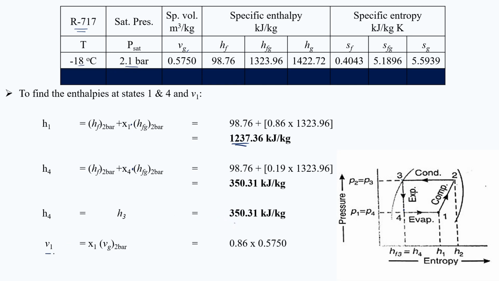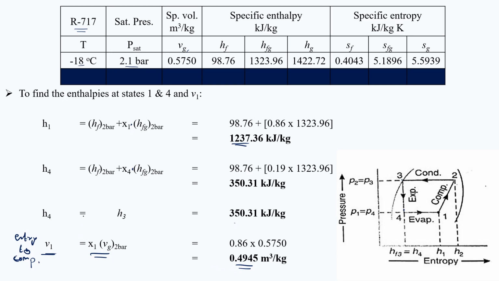Also, the specific volume of the refrigerant entering the compressor, V1, is given by X1 into vg, that is the dryness fraction at state 1 into the specific volume of vapor corresponding to 2 bar, which is 0.86 into 0.5750, giving the value 0.4945.